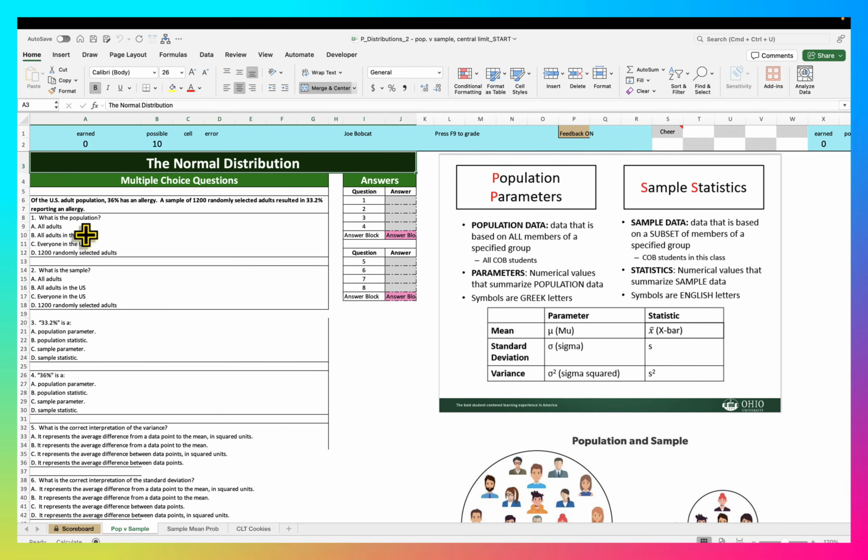So all adults in the US, B. What's the sample? 1,200 randomly selected adults, D. And 33.2% is a sample statistic. And 36% is a population parameter.